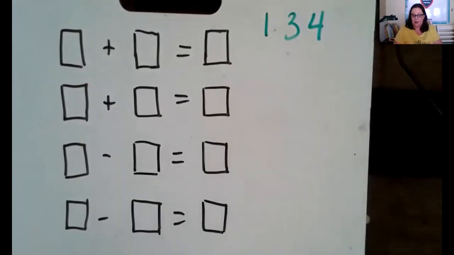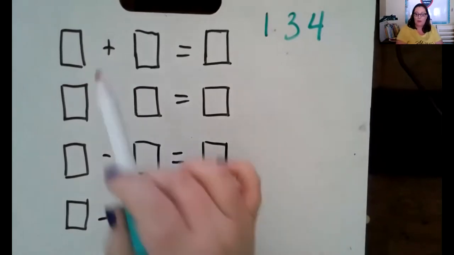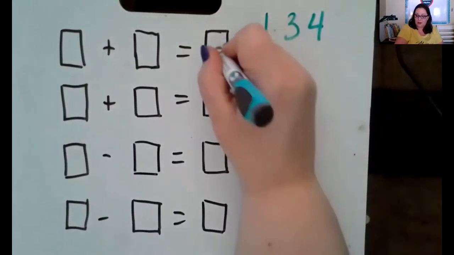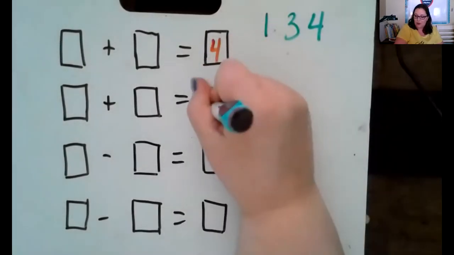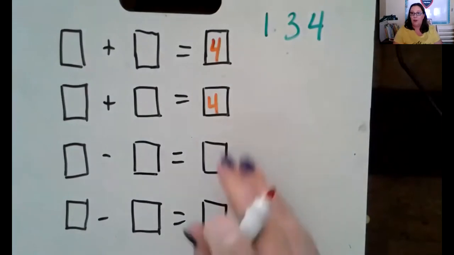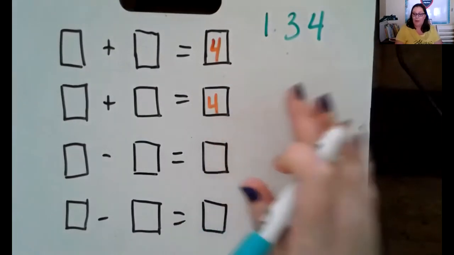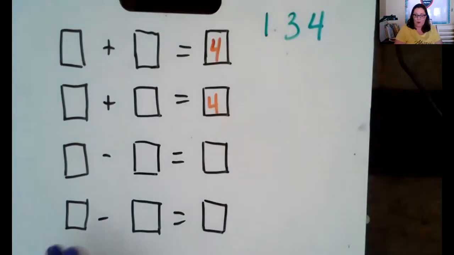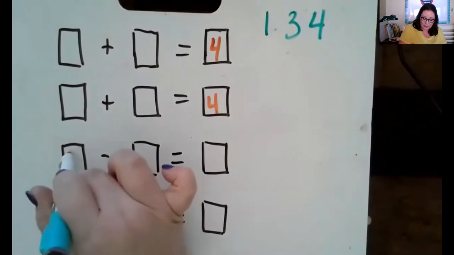My first big piece of advice is for the addition ones, your 4 is going to be your sum. The largest number is going to be your sum, okay? The largest number, which is still 4, for the subtraction is always going to be where you start.